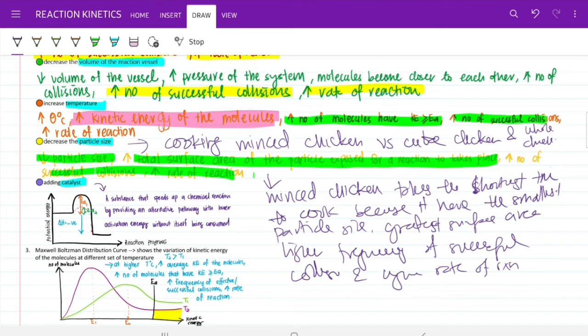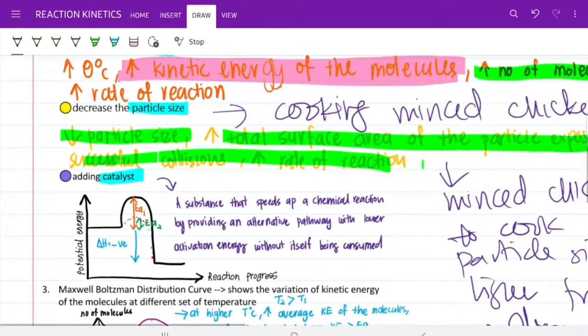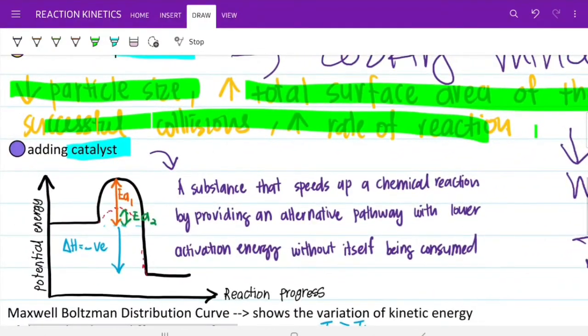Okay, and what about adding a catalyst? So what is a catalyst? A catalyst is a special substance that speeds up a chemical reaction by providing an alternative pathway with lower activation energy without itself being consumed.